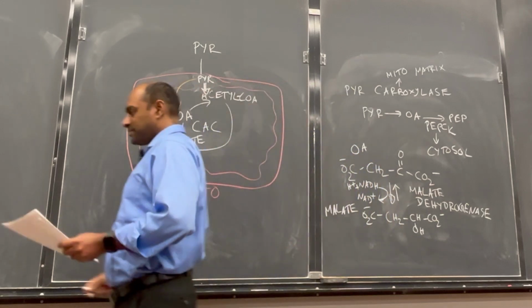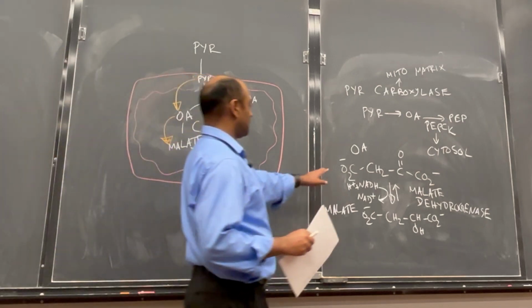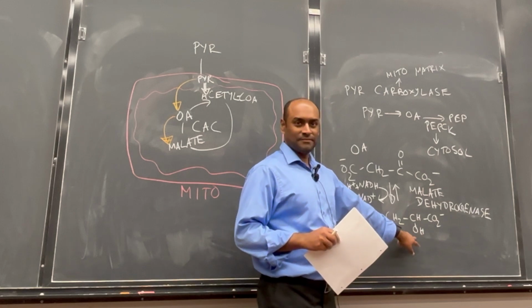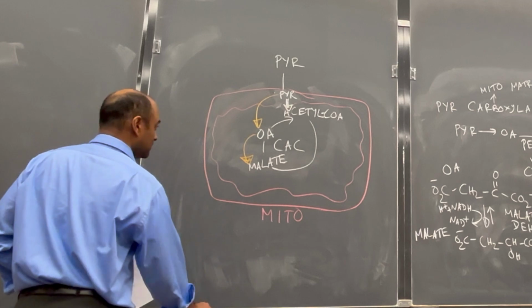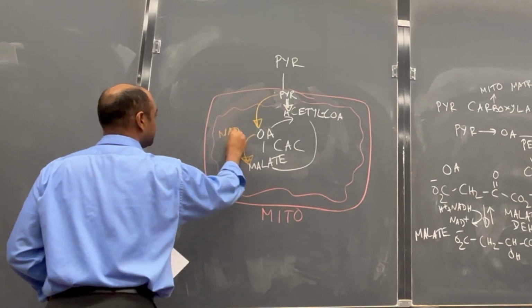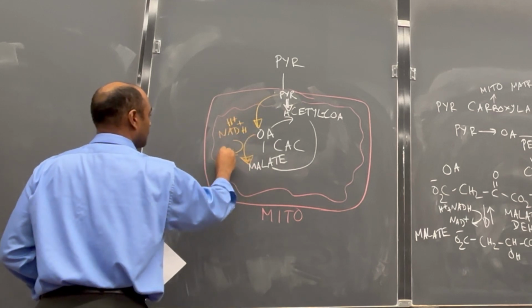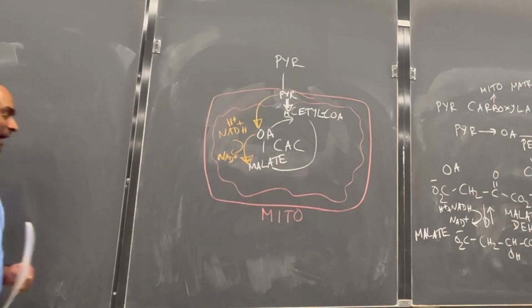So NADH plus H plus, we make NAD plus. OA to malate is reduction, we reduce that carbonyl to alcohol. So we need NADH, not NAD plus. So we do malate dehydrogenase, right? And we use NADH, make NAD plus. And so now malate can escape.